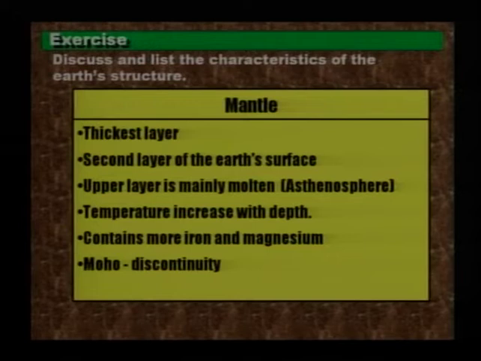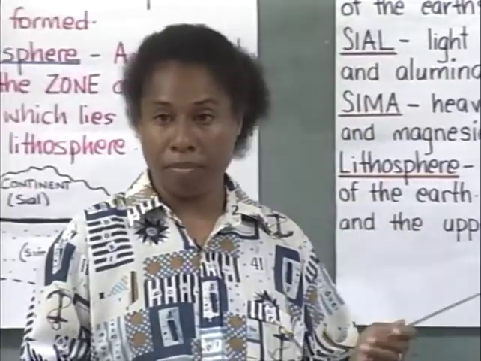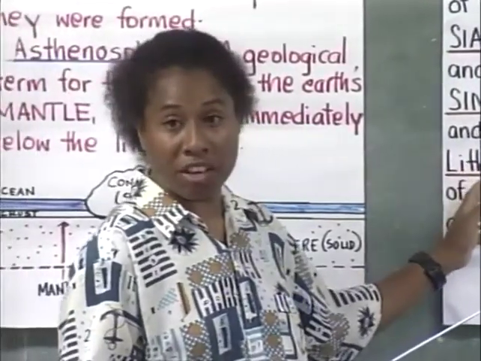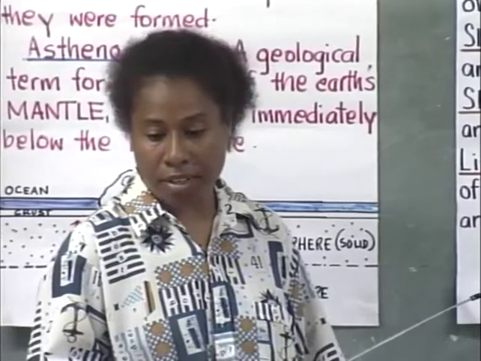Note the uppermost layer of the mantle is mainly molten, and that layer is referred to as the asthenosphere. We'll explain that when we look at definitions on the chart.